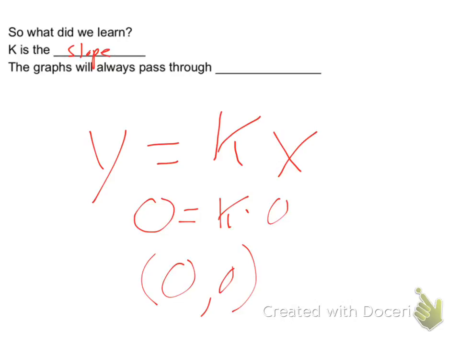Can you guys agree with this? So therefore, the graphs will always pass through (0, 0), because (0, 0) is always a solution to the line. Pretty cool stuff.